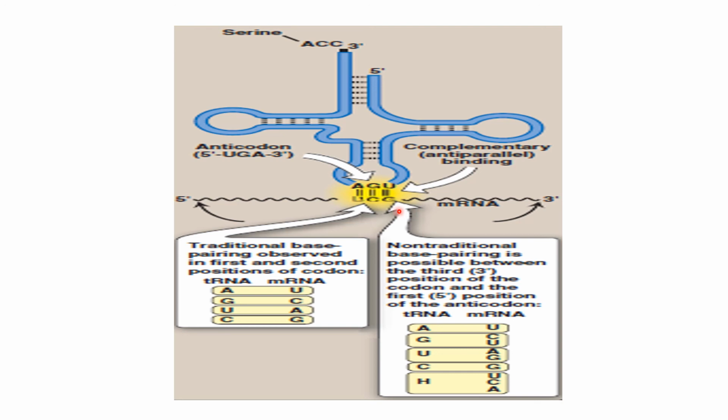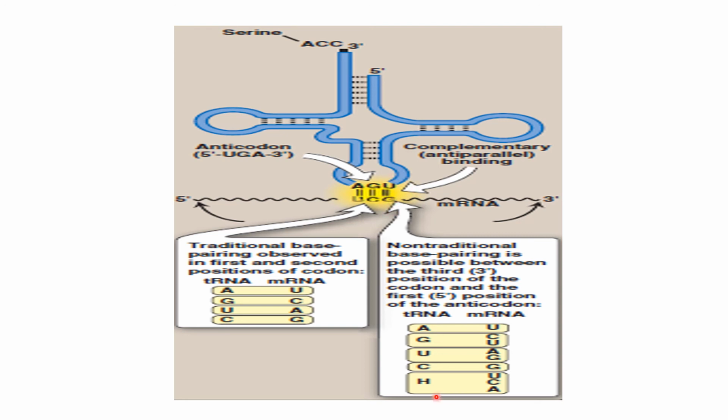For example, the G present on the tRNA can also pair with C and U. So if C is present, then instead of pairing with G, it can also pair with U. So it is non-traditional.